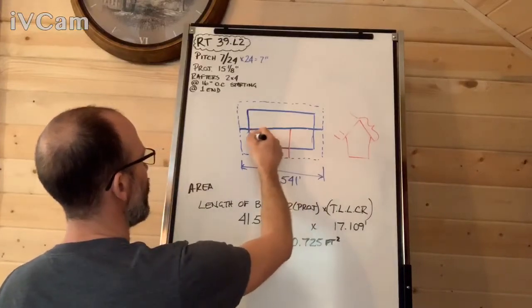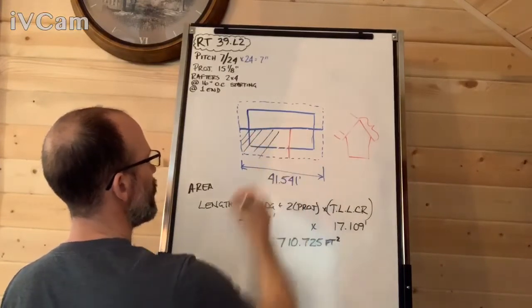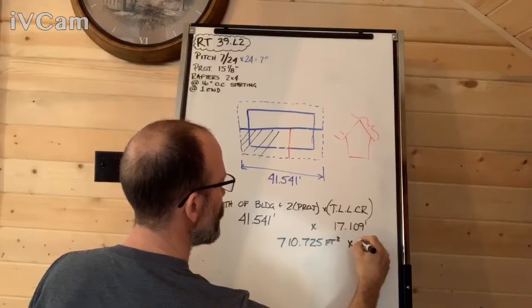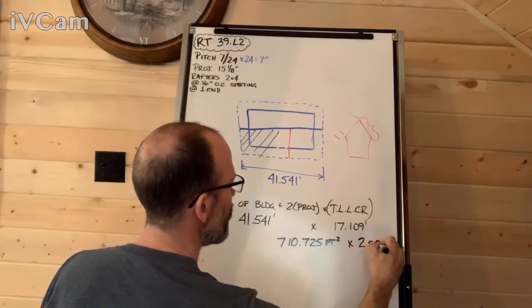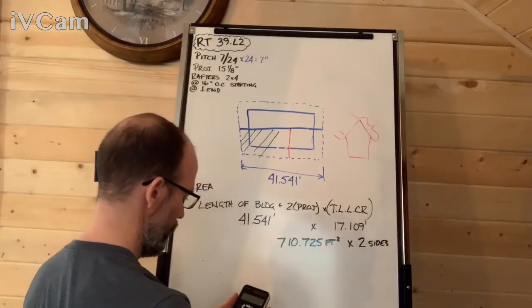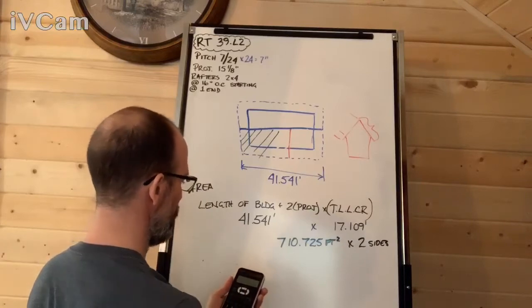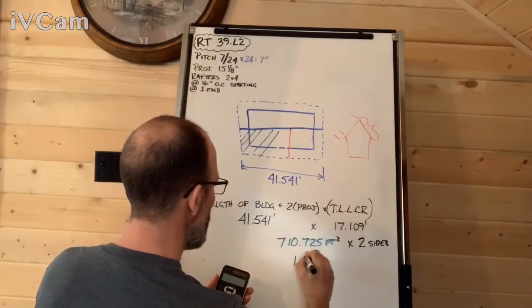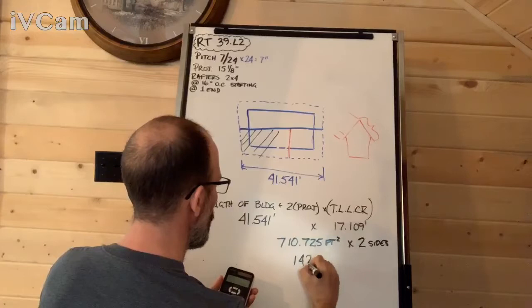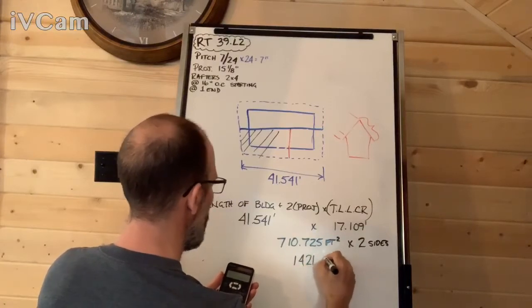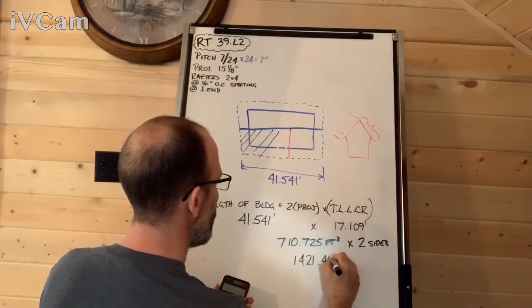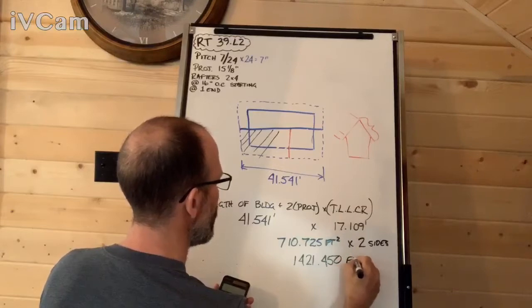That is only 1/2 of the roof. Times 2 sides, times 2 equals 1,421.450 square feet.